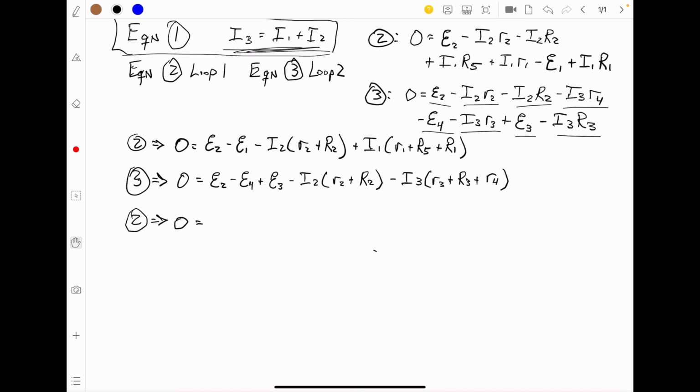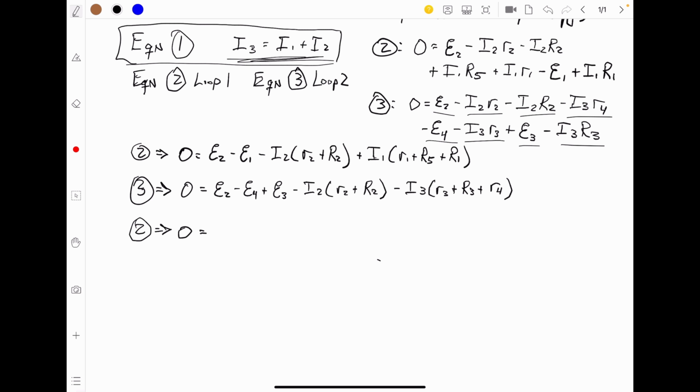So E2 minus E1. So what's E2? 48 minus E1 is 24. That leaves us with 24 volts. Okay, I'll keep the units. I kept the units in my notes. I may as well keep them. Let's keep the units. All right. Now, we're going to subtract off little r2 plus big R2, and that means 40 plus 0.5.